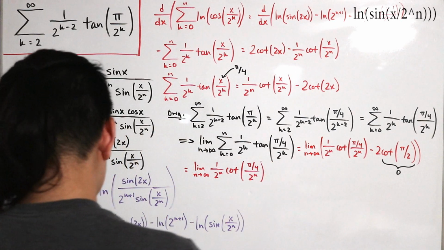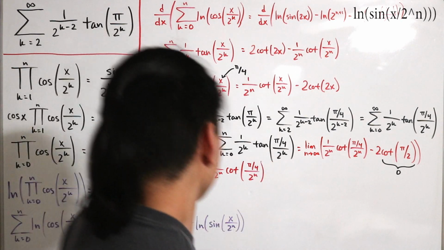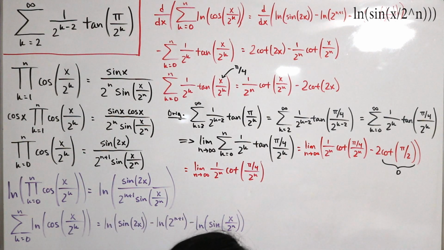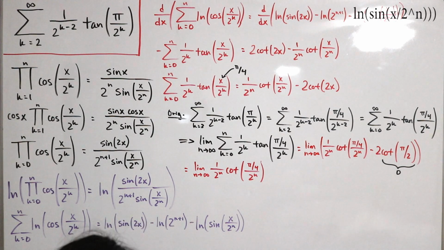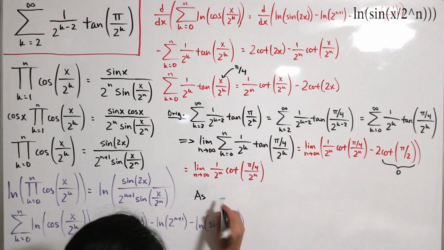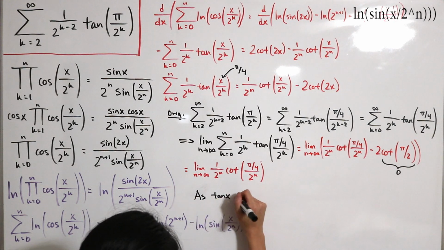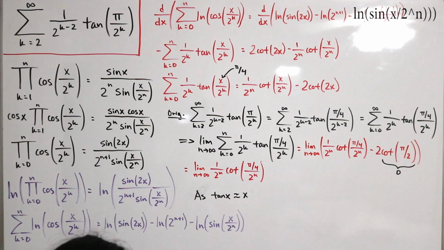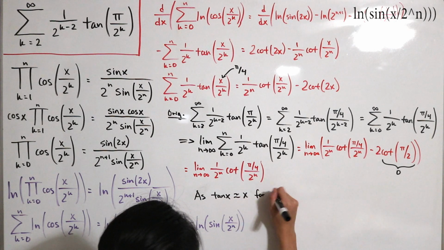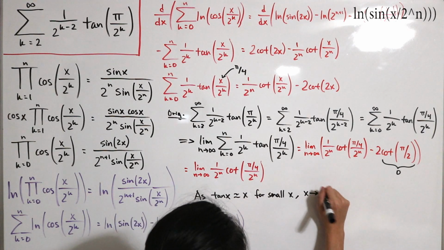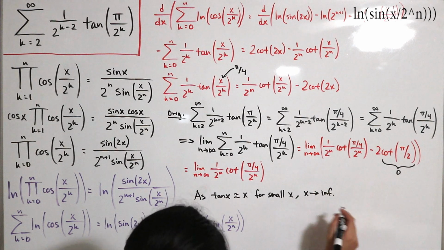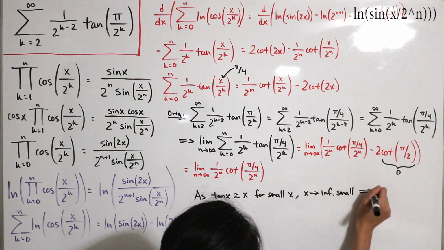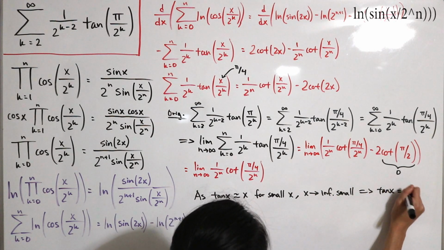Right. Okay, so here's a little interesting thing that we're going to analyze a bit. What I'm going to state is the following: tangent of x is approximately x for some small x, as x gets infinitesimally small.